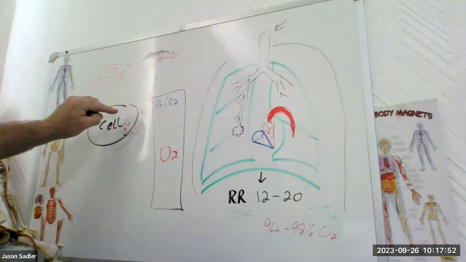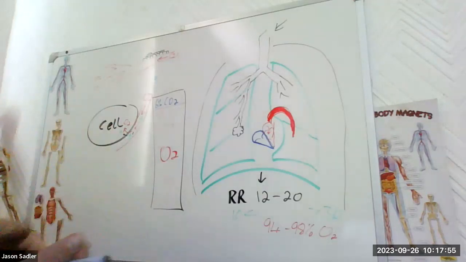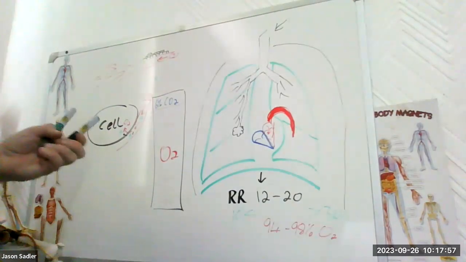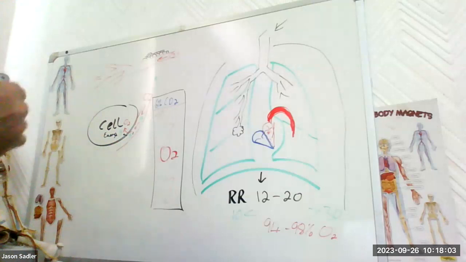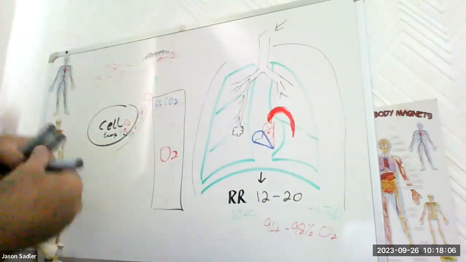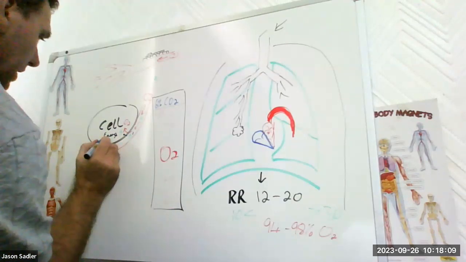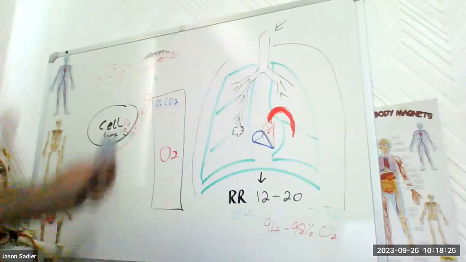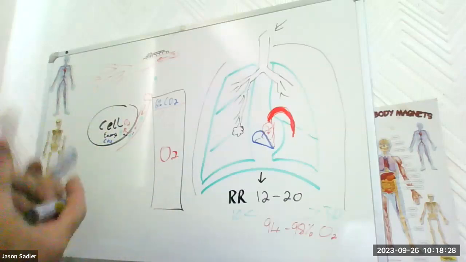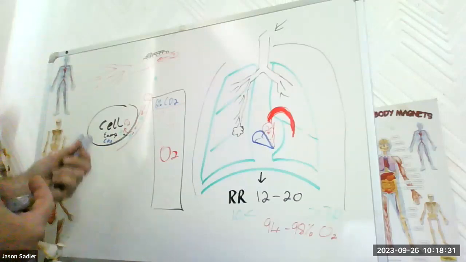Once the glucose and the O2 have created energy, they create a waste product. The waste product from energy is CO2, carbon dioxide. So that is where carbon dioxide comes from. It comes from the waste product of cellular activity, from the oxygen and the glucose creating energy in the cell.